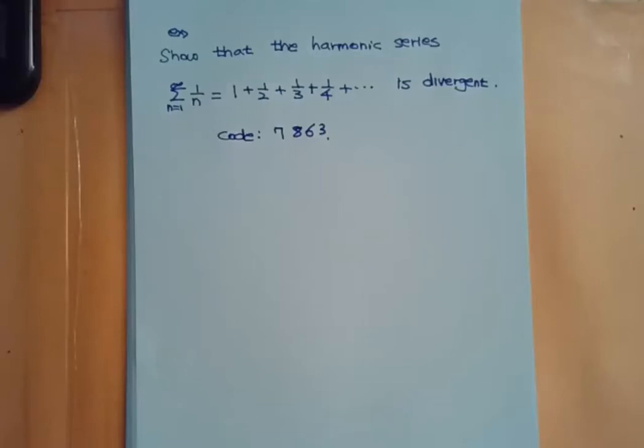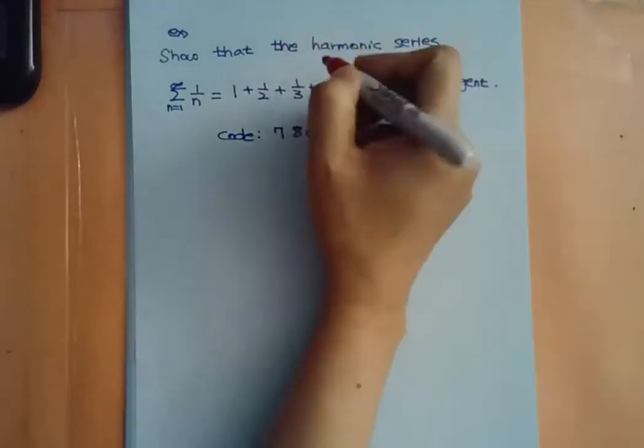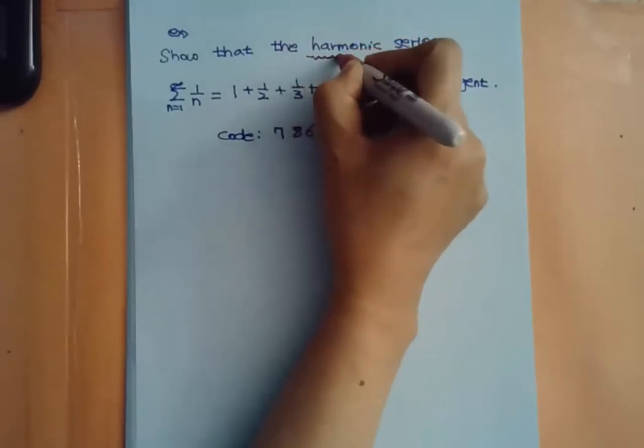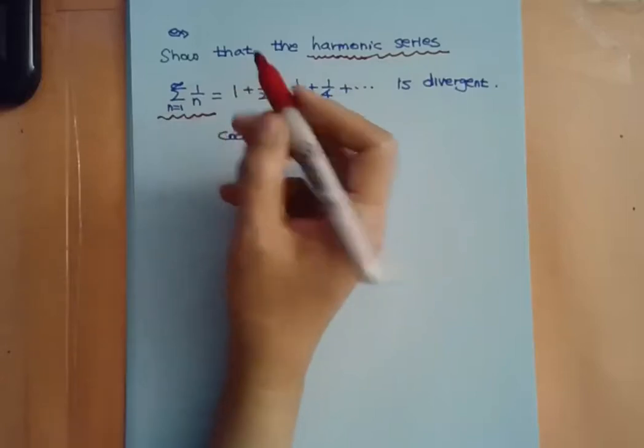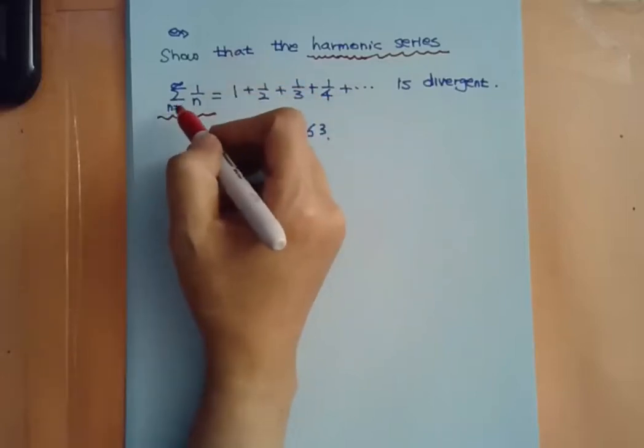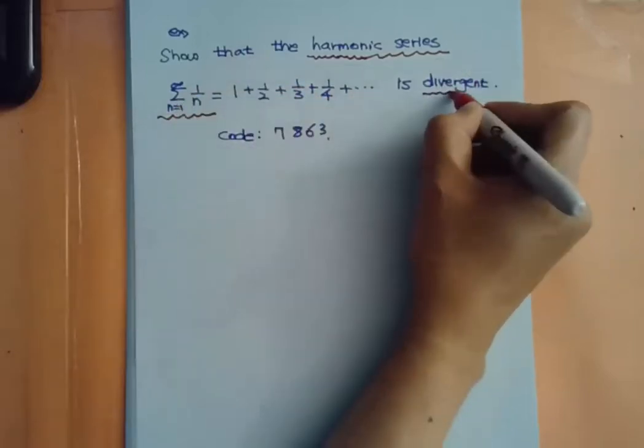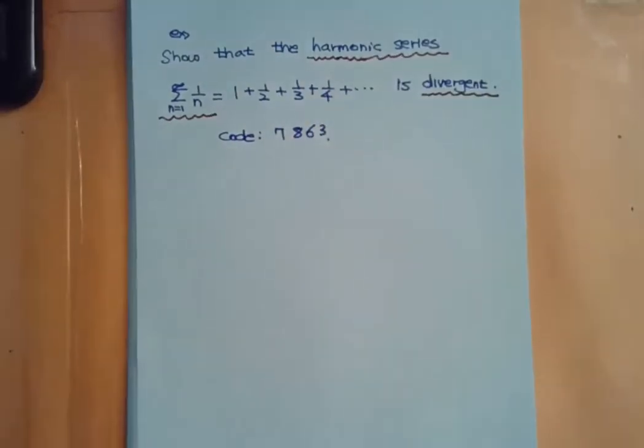In this problem, I will show how to prove that the harmonic series diverges. But in the end, what you have to remember is that the harmonic series means the summation from n equals 1 to infinity of 1 over n, and that the harmonic series diverges.